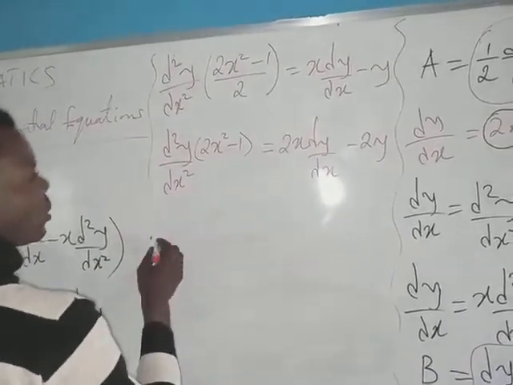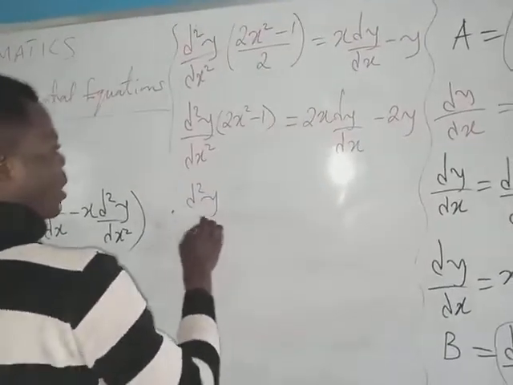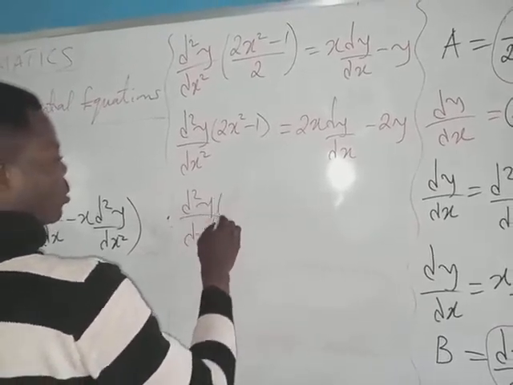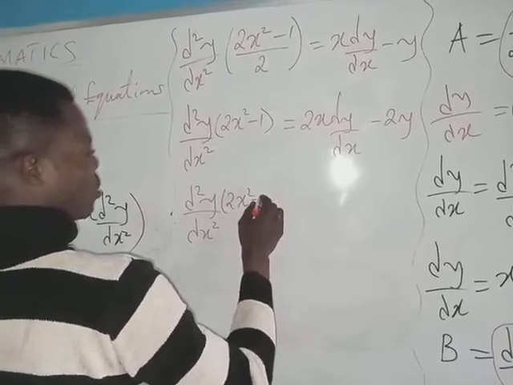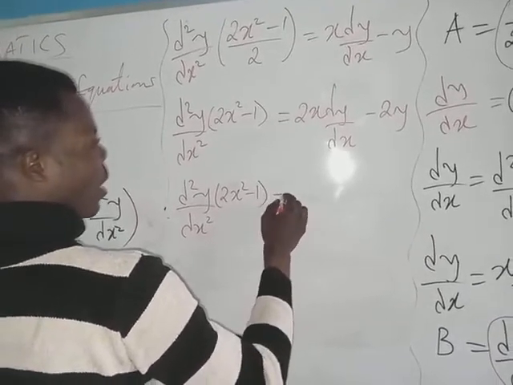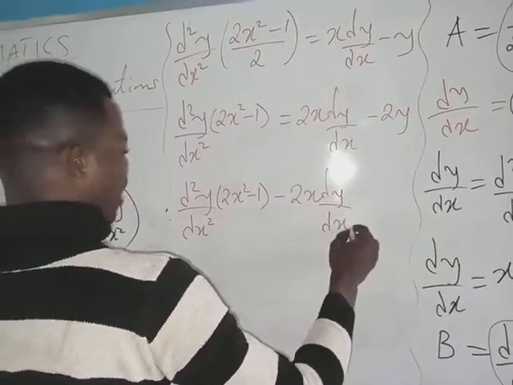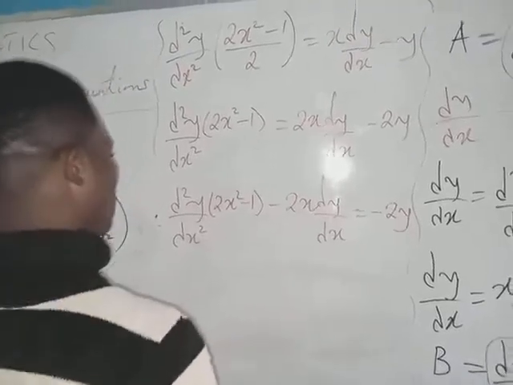And this is the same thing as d²y/dx² into 2x² minus 1 minus 2x dy/dx equal to minus 2y.